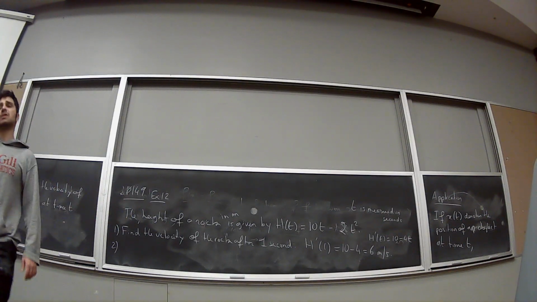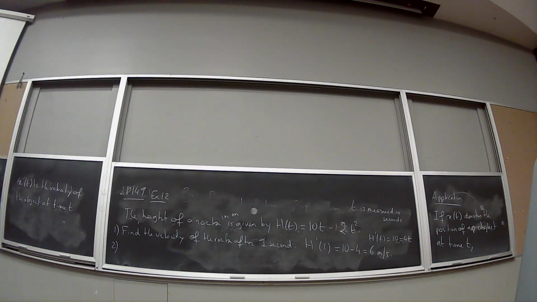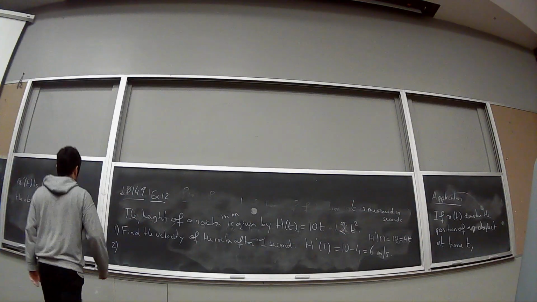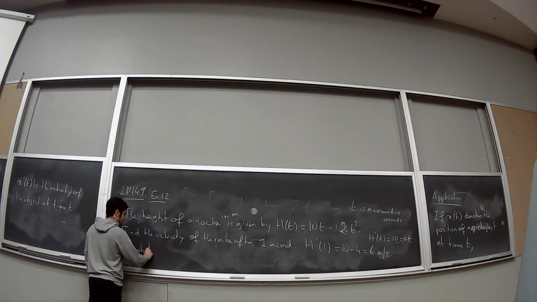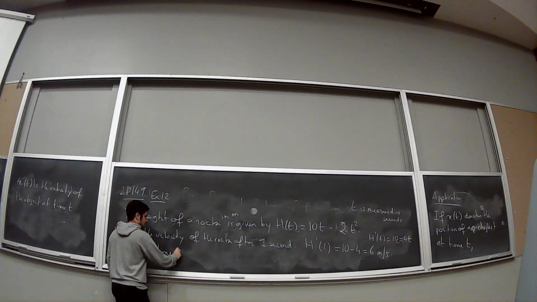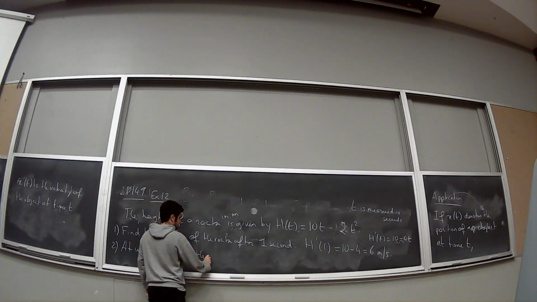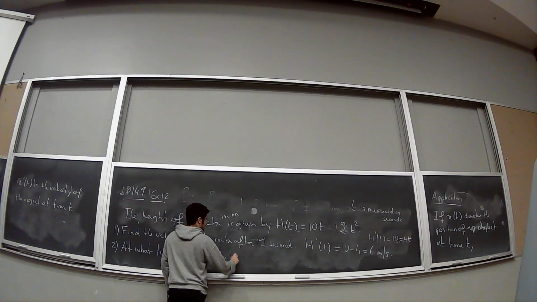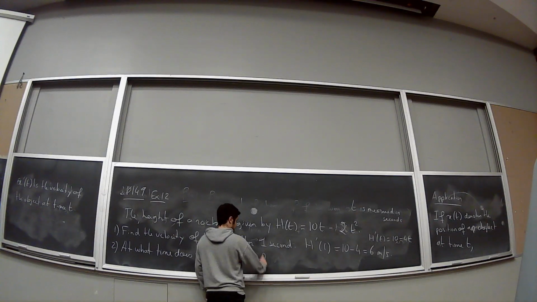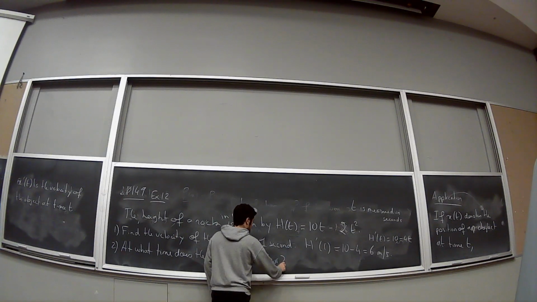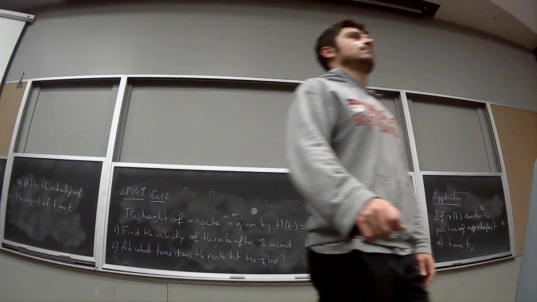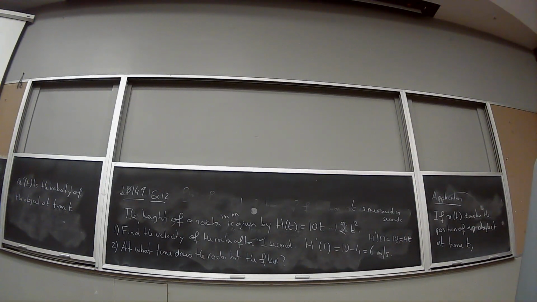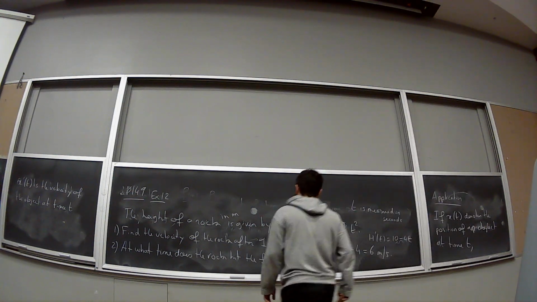Now, at what time does the rock hit the surface? Or the floor, you know? At what time does the rock hit the floor? How do I find this? I said h of t is equal to 0, thank you.